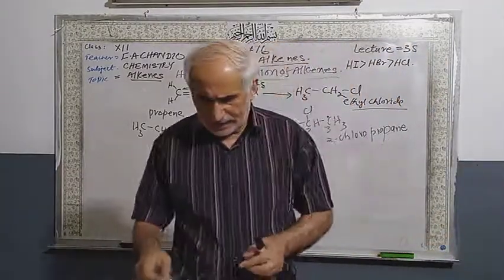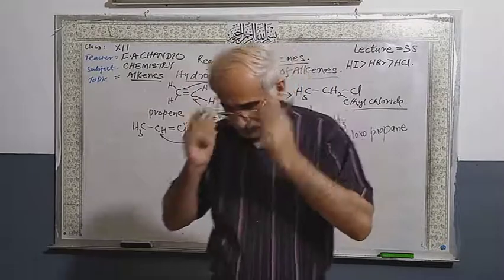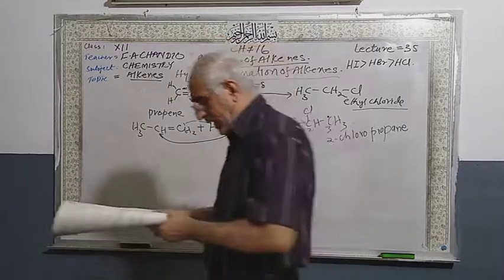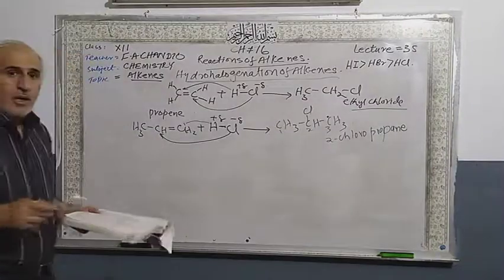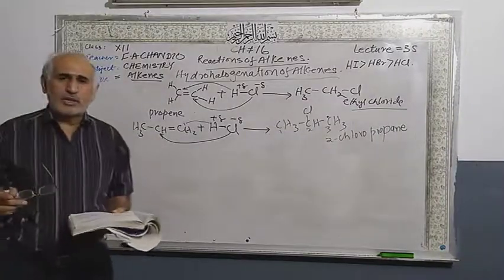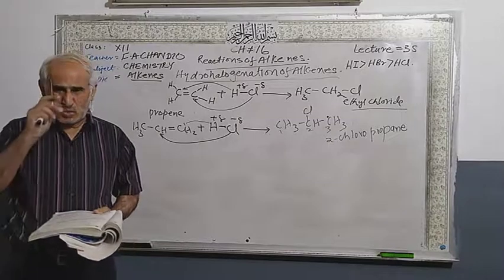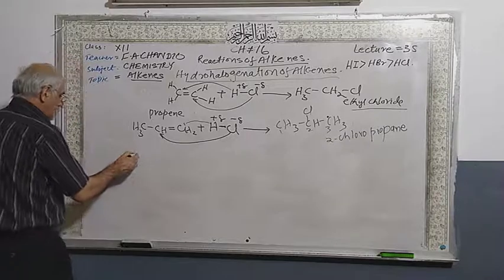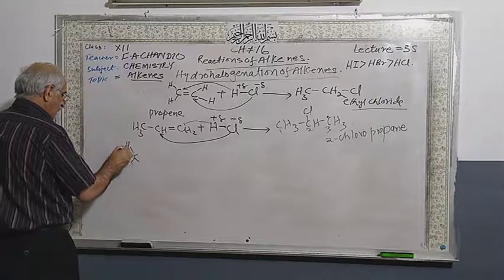So there is a reaction mechanism here. In the reaction mechanism, how does the chemical reaction take place? Reaction mechanism means the path of the chemical reaction, the steps involved. So this is the alkene.